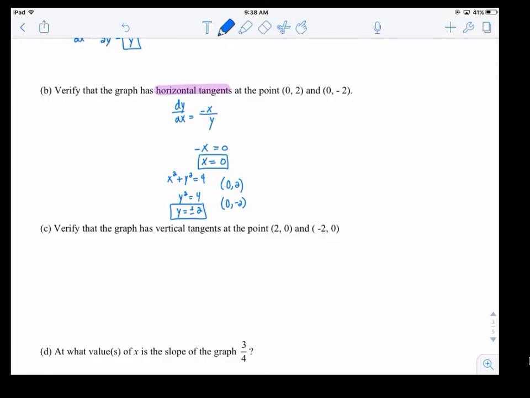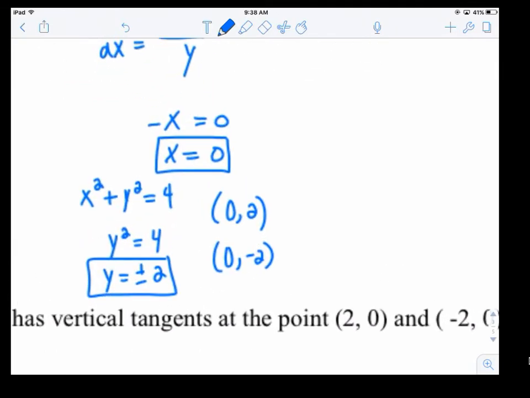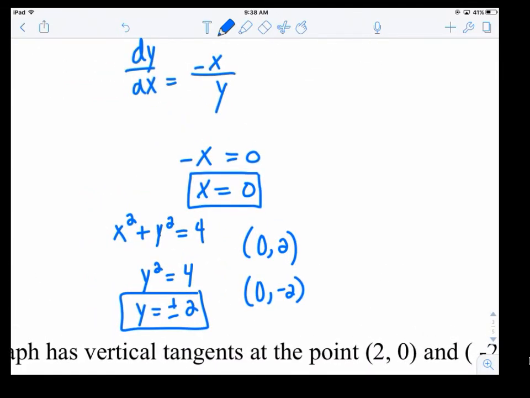So when it says verify, you need to show that by setting the top part of your derivative equal to 0, that would give you 1 point. Finding the x value would be 1 point, and then finding the y values would be probably another point.